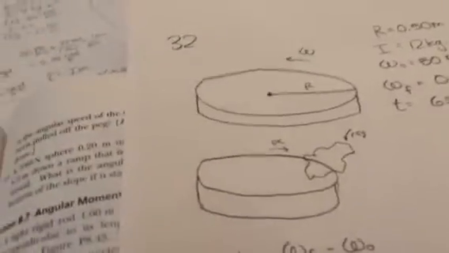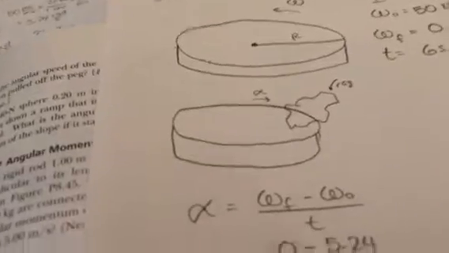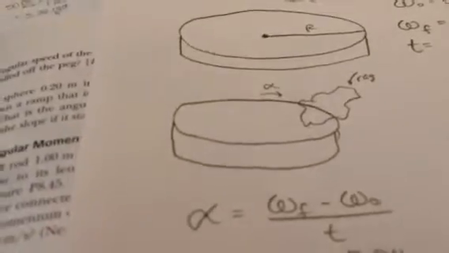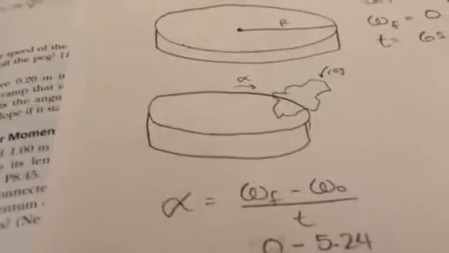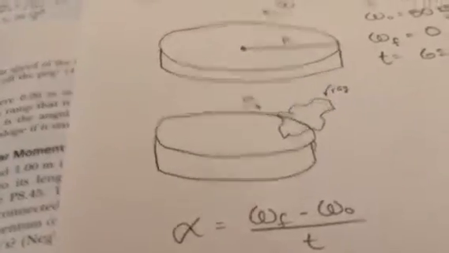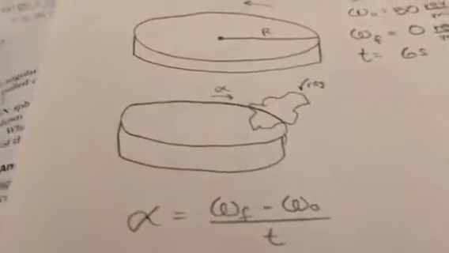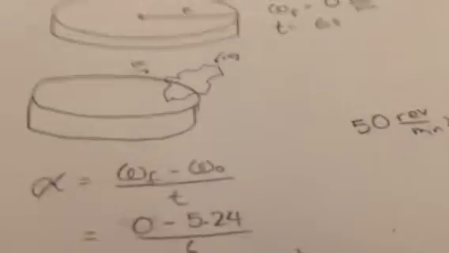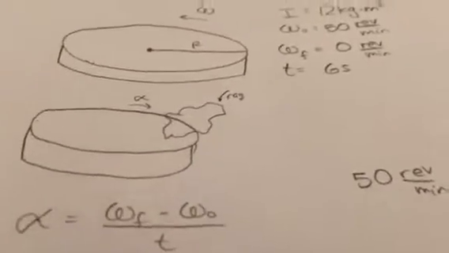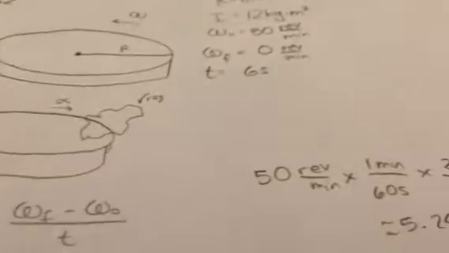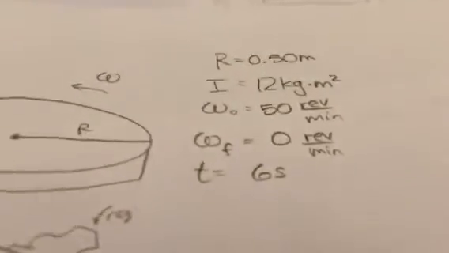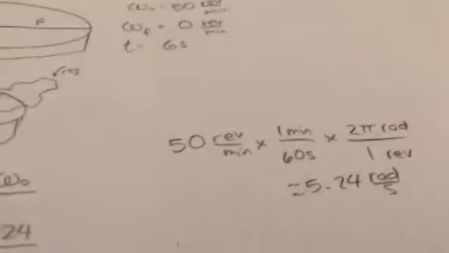The next thing I did was find the angular acceleration. From last chapter we learned the angular acceleration is equal to the change in angular velocity divided by time. Because the 50 is in revolutions per minute, we want to convert it to radians per second to make it fit this equation.